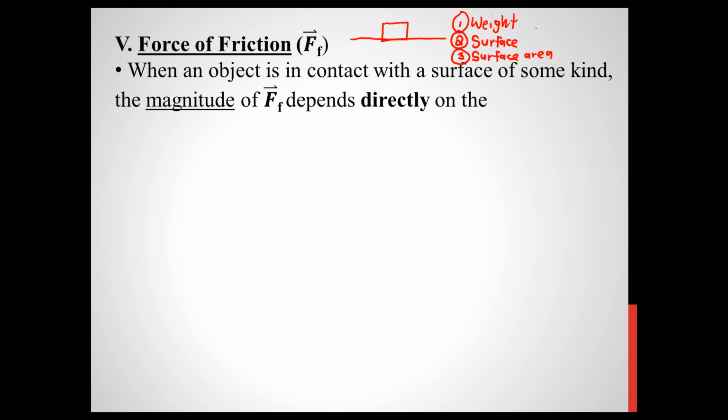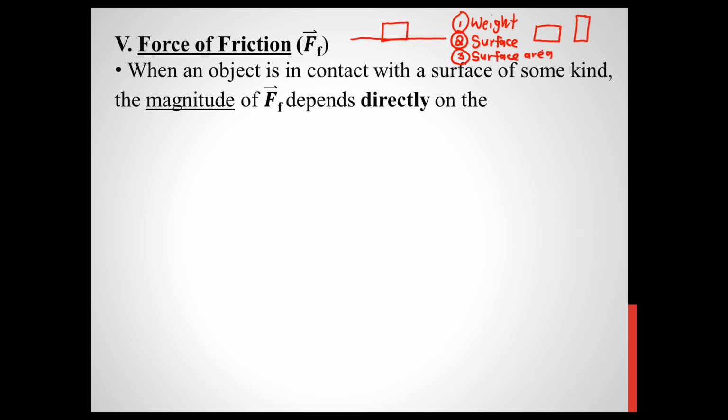For example, you could have the box so that one side of the box, there's a lot of the box that's in contact with the ground, compared to if we tip the box up here, then we have a smaller surface area in contact with the ground. So in the case on the left-hand side, there's more of the area in contact with the ground, and on the right-hand side, there is going to be less surface area in contact with the ground.